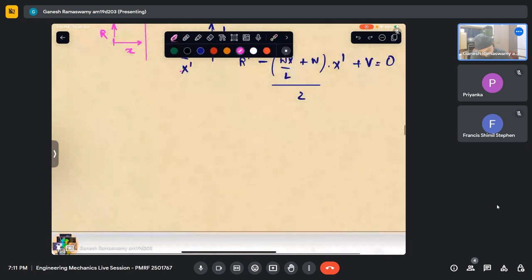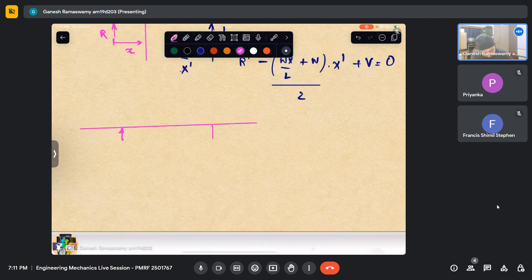If this is my beam, let us say, and then I have a UDL applied here. This UDL is W, let this be A. Now whatever couples and moments I have applied, it is just going on.